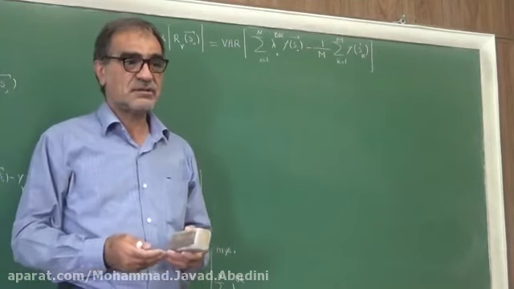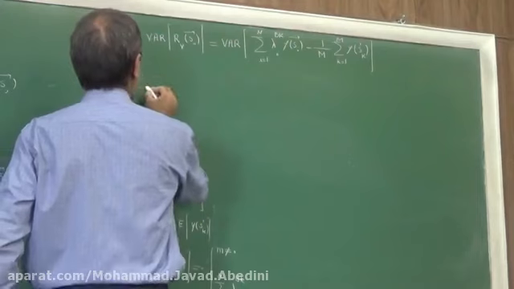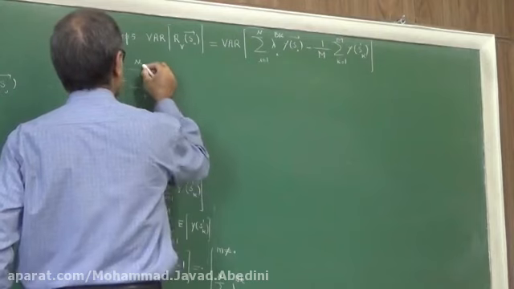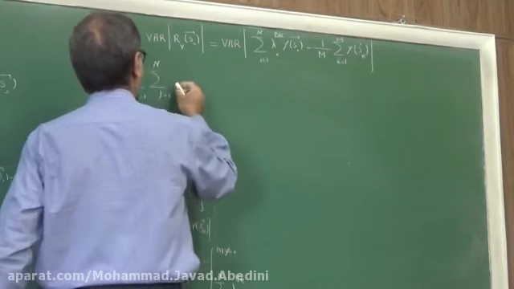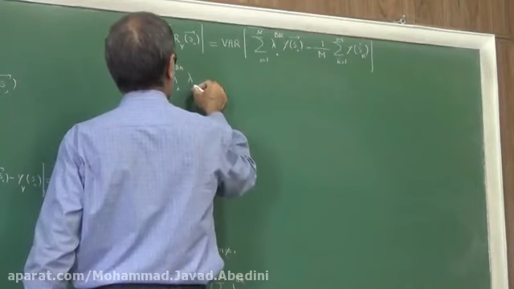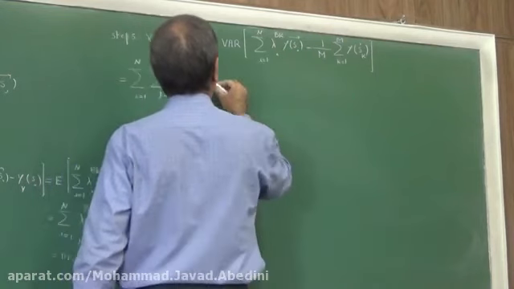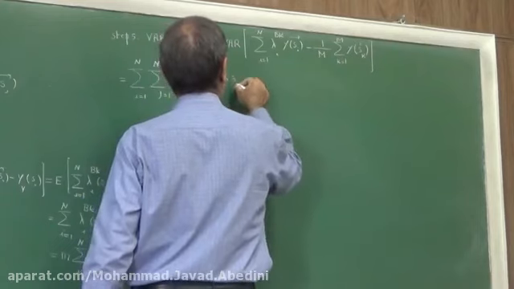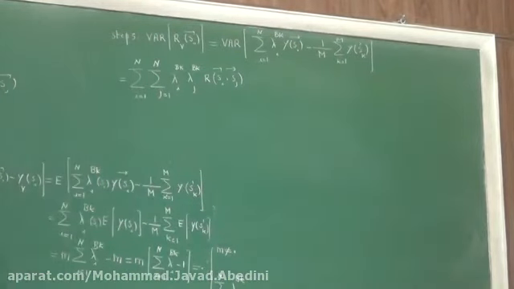Therefore, the very first term will become a double summation. That is the variance of the first term.